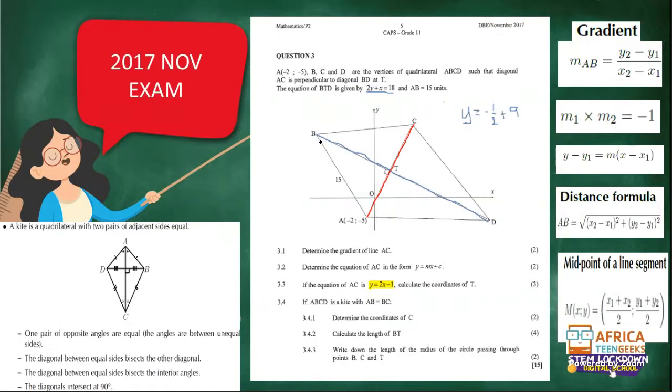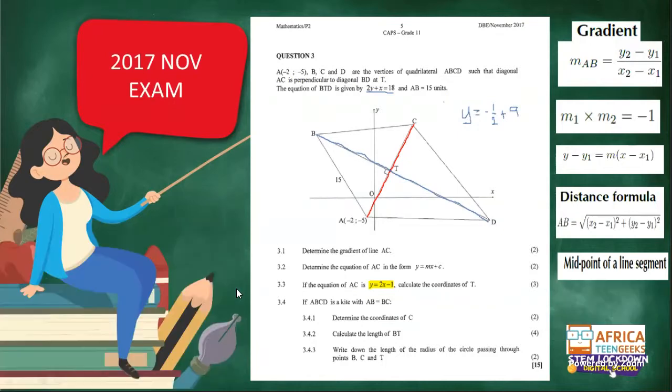So if we have the equation of BD and we also have the equation of AC, which is this one, at this point we can equate them. Remember the point of intersection. Let's go through these quickly.